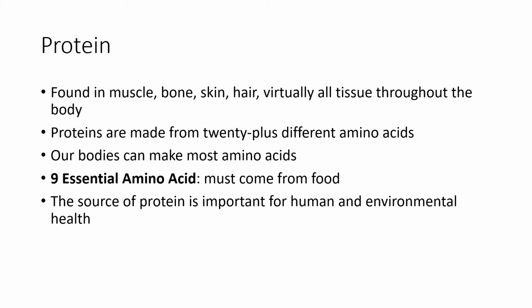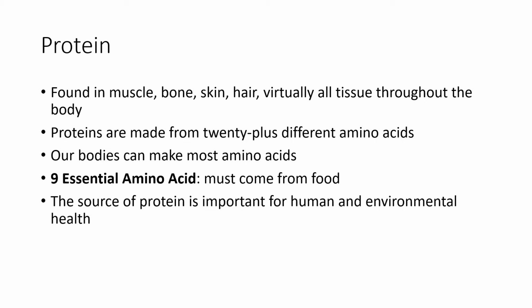So we use the amino acids as building blocks to build different protein molecules. And it's literally just the sequencing of the amino acids and then the sort of folding and twisting of that amino acid chain that determines what protein it is, what protein we've just made.